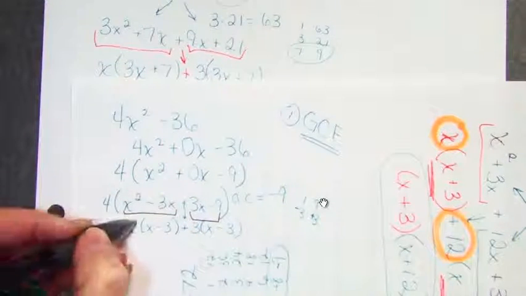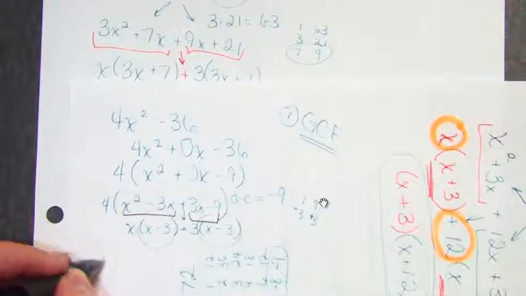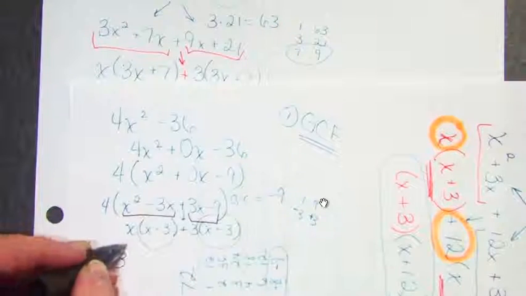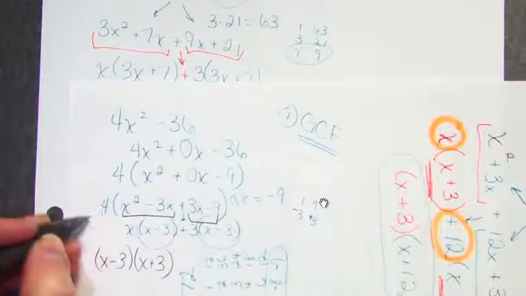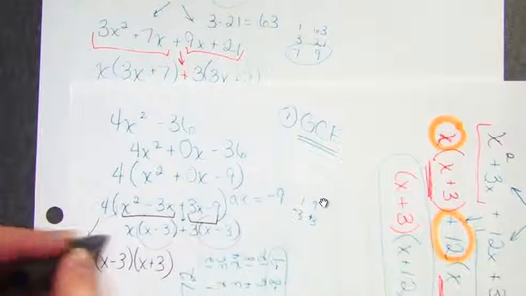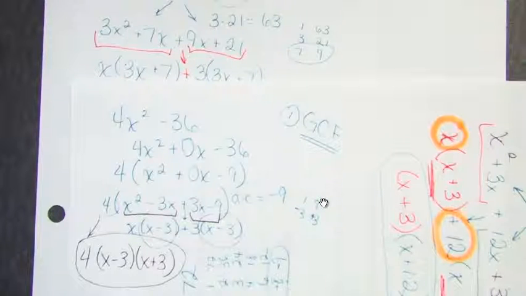I again have twins and leftovers. So my twins are x minus 3. My leftovers are x plus 3. And I do still have that 4 hanging out in front. I'm going to make sure I don't forget that guy. There it is, factored form, yet again. Double check on my calculator. I should see zeros at 3 and -3.